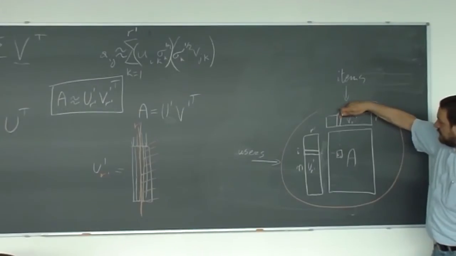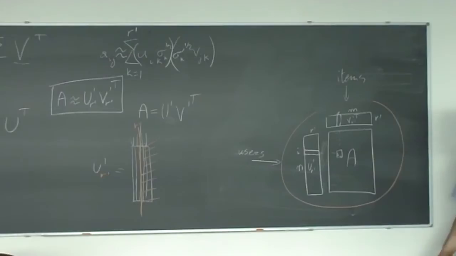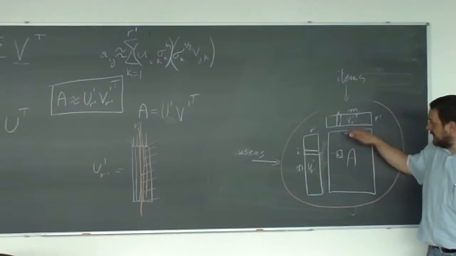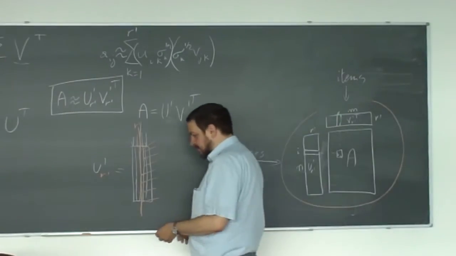Every row of V prime R prime represents one item. The preference of a user for an item is given by the dot product of the two rows.